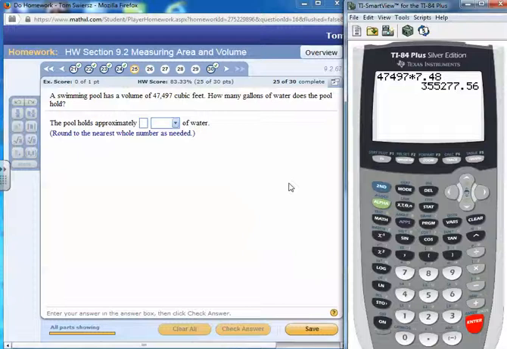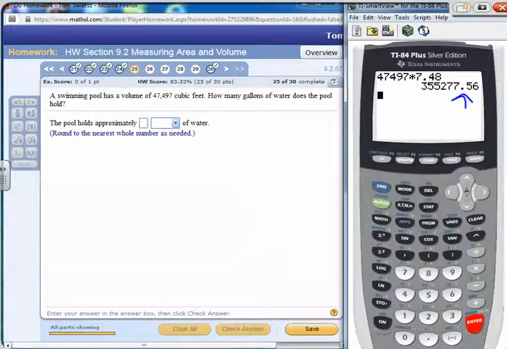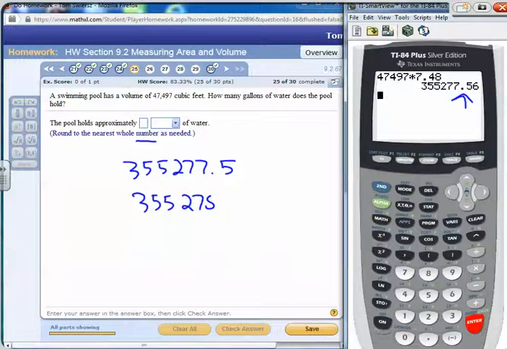So the whole number, we have a 5 in the tenths, right? 355,277.5. 5 or greater, we add 1 to the number where we're rounding, which is the whole number, which is the 1's. So it is 355,278 is the number of gallons rounded to the nearest whole number.